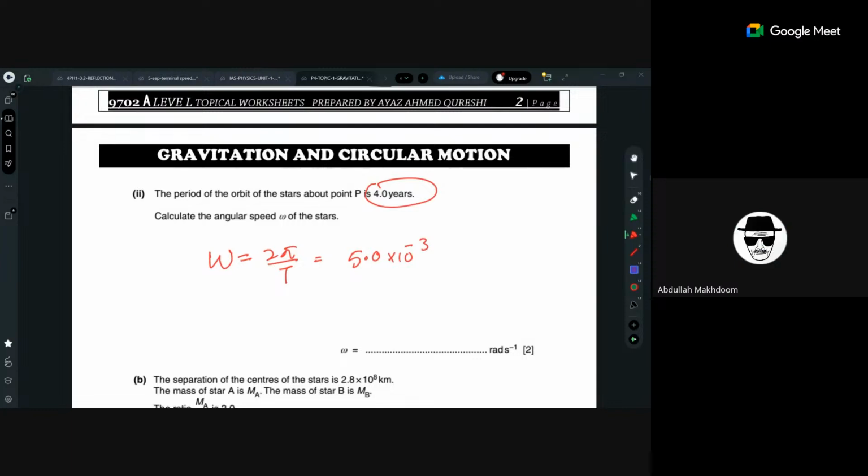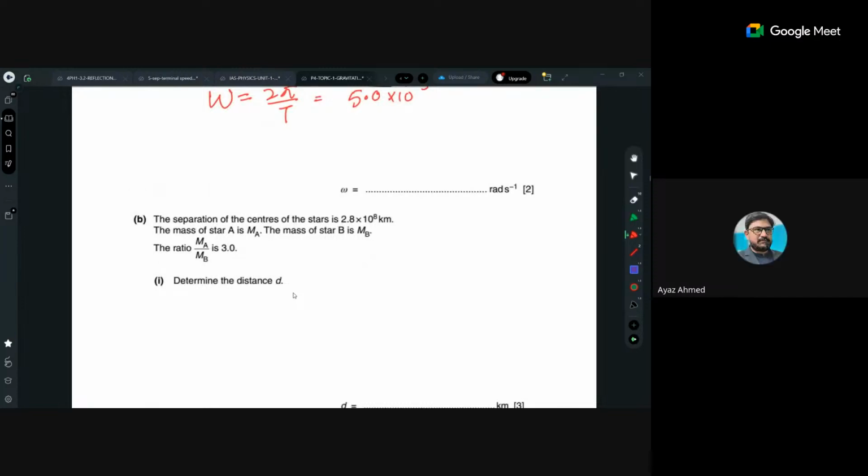Very small number. Sir, times 10 power minus 8. Yes, sir.